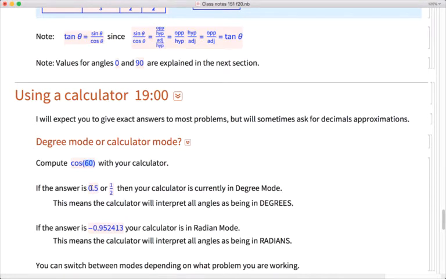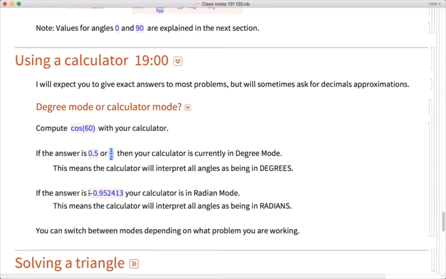Okay, so if you did that and your calculator told you that the answer was maybe either 0.5 or 1/2, then your calculator is currently in degree mode. It's expecting that the angles are coming to it in degrees. If on the other hand your calculator gave you this kind of decimal, then your calculator is expecting that the angles are measured in radians.